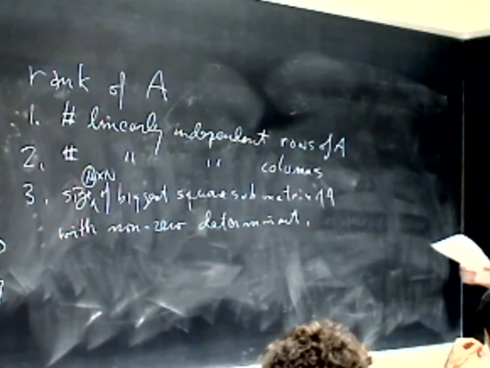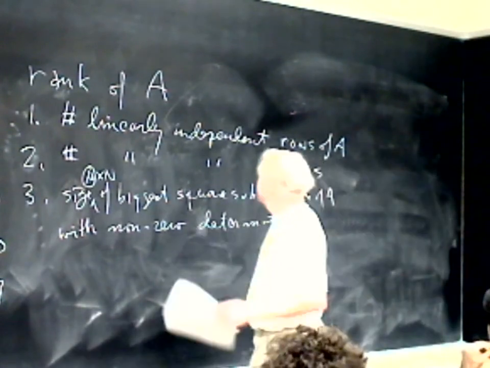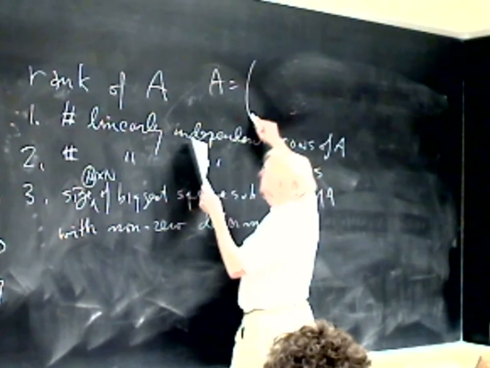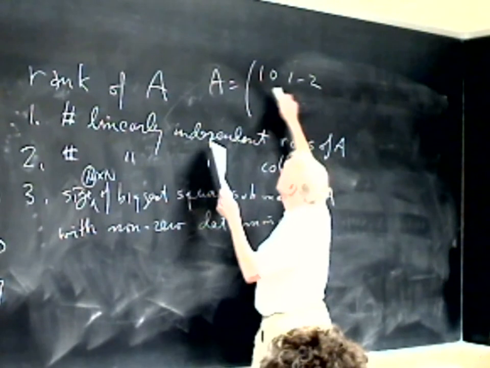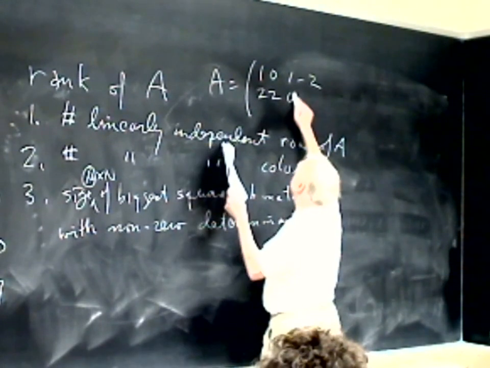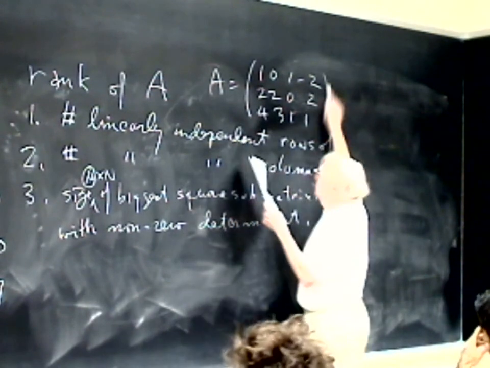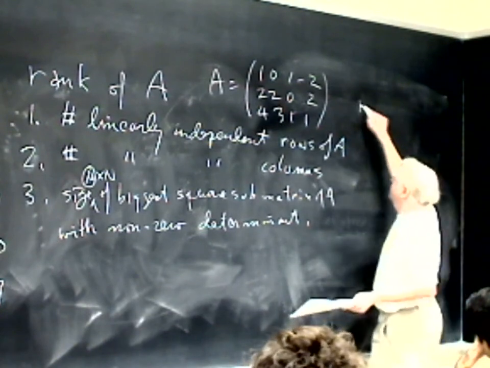I'm not going to do that, but I will give an example. So let's look at a matrix. A equals 1, 0, 1, minus 2, 2, 2, 0, 2, 4, 3, 1, 1. Okay, let's look at this. It has three rows, so the rank is at most 3.